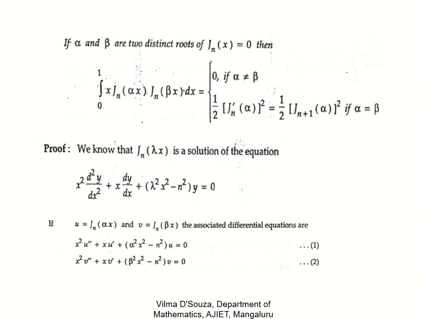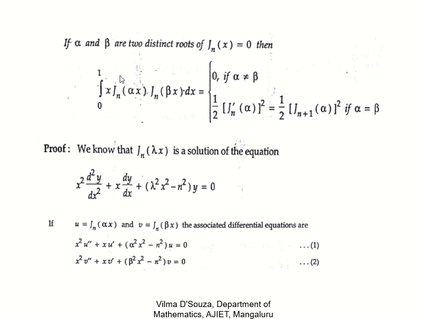Now the orthogonal property of Bessel function is given by this formula. If alpha and beta are two distinct roots of Jn of x equal to 0, then the integral of x Jn of alpha x into Jn of beta x dx from 0 to 1 is equal to 0 if alpha is not equal to beta.